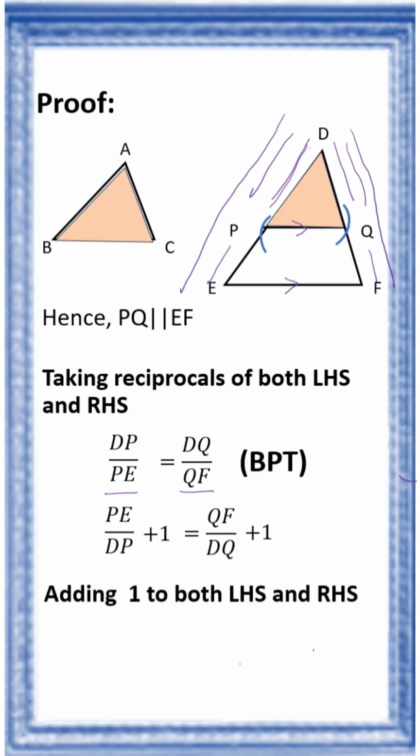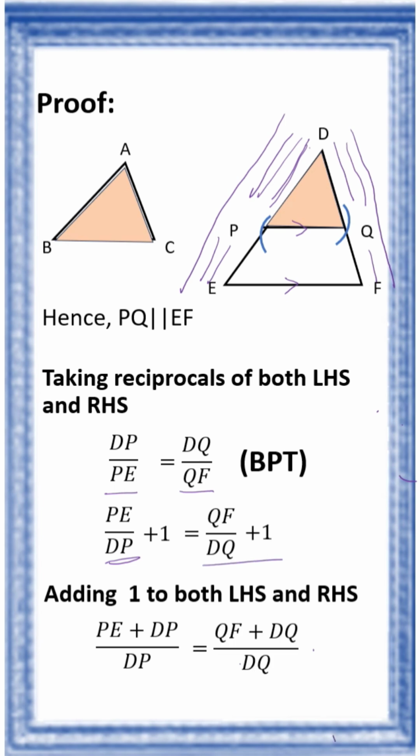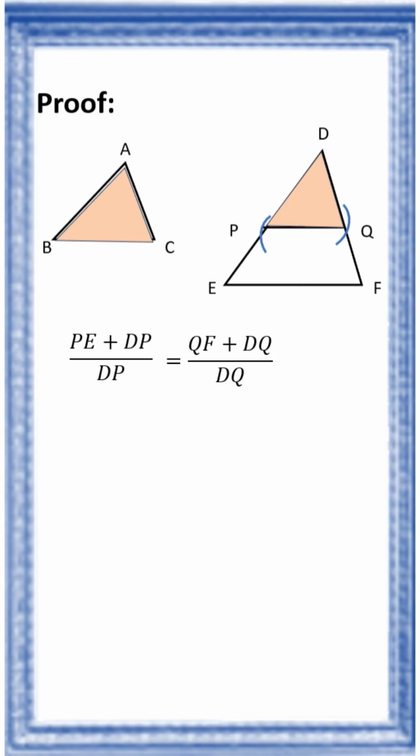See, here in the numerator you will get PE plus DP, because LCM is DP. On the right you will get QF plus DQ upon DQ, because LCM is DQ. Now we have PE plus DP, observe the figure.